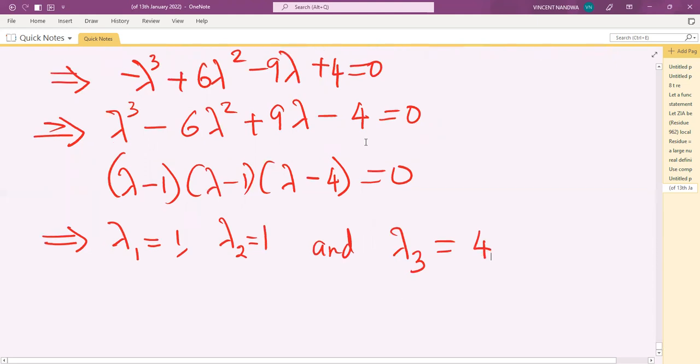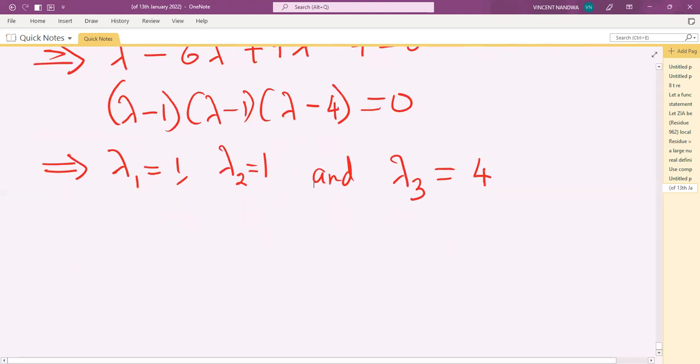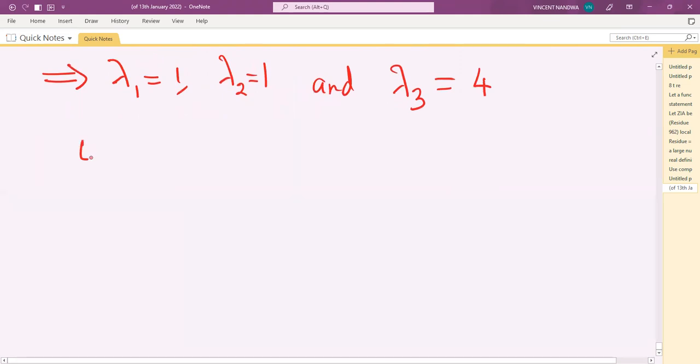So once we have the eigenvalues, then let's go to eigenvectors.